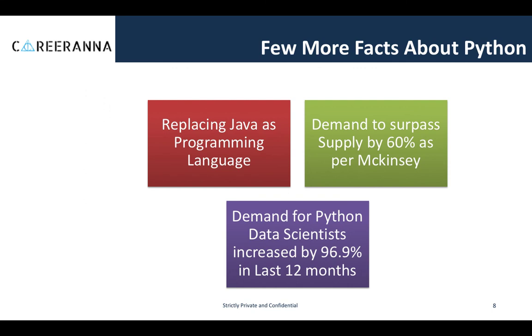And last but not the least, demand for Python data scientists has increased by a whopping 96.9% in the last 12 months. That is approximately 100%. And that is from where you will understand the necessity of you not only being a data scientist, but being a data scientist with Python.